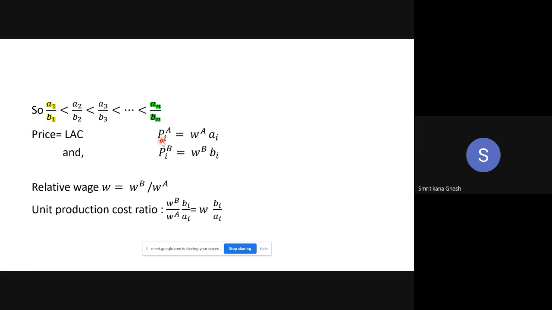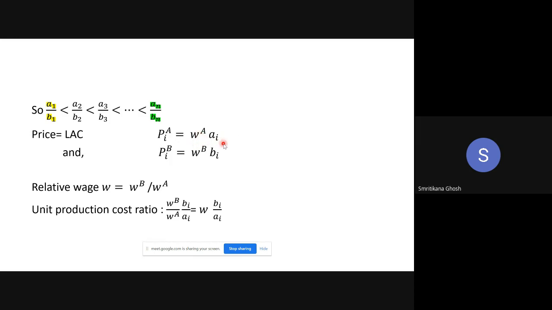So to produce 1 unit of the commodity, what is the money you need? Here, first of all, to produce 1 unit of the commodity, you need AI unit of labor, right? By definition, AI is the unit labor requirement. There is a number of labor you need to produce 1 unit of I. And per unit of labor, you have to pay WA because this is the wage rate in country A. So, what is the total expenditure to produce 1 unit?